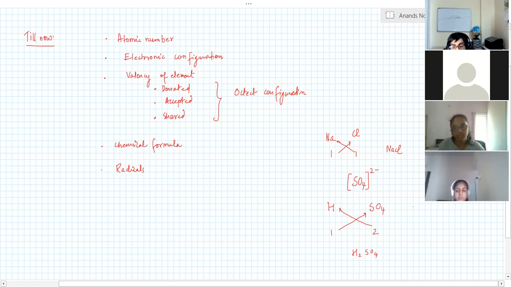What Meghna says is, first she recognizes that sulfuric acid is a compound that is formed by hydrogen and a sulfate ion. Hydrogen valency she is putting as 1, or you can say +1, this is -2. Even if you don't do that, it's fine. Then you do the crisscross method, you are able to say it is H2SO4.